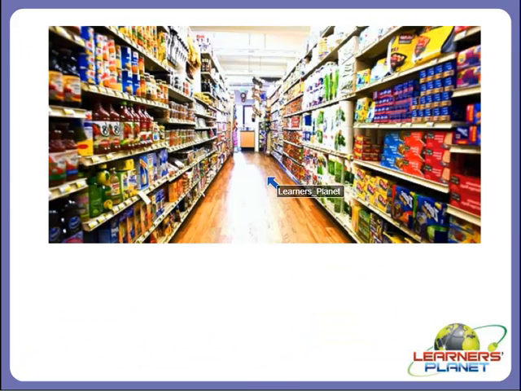A very good example is that of a supermarket. This is a picture of a supermarket. Now, this is a very good example of grouping. Grouping is done in a supermarket by keeping similar items on the same shelf.